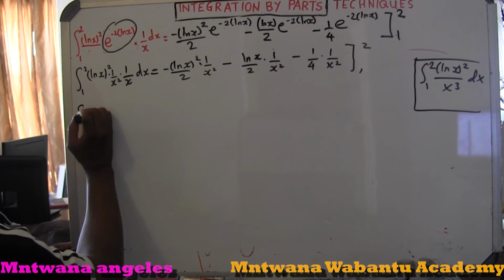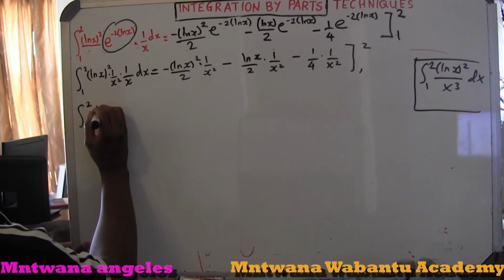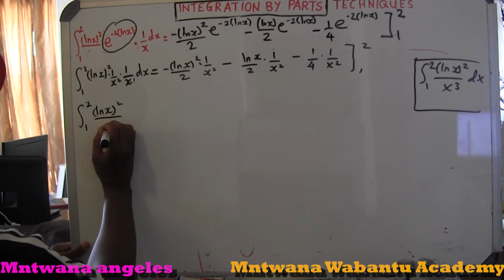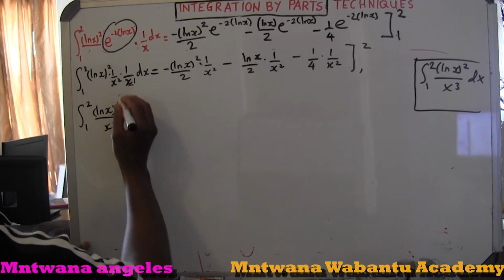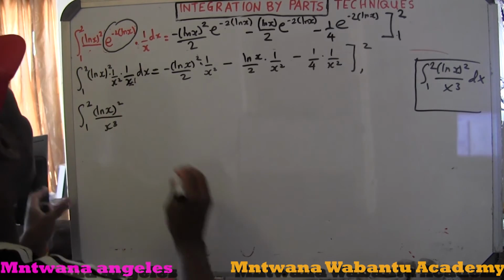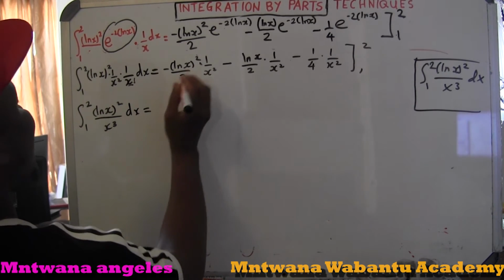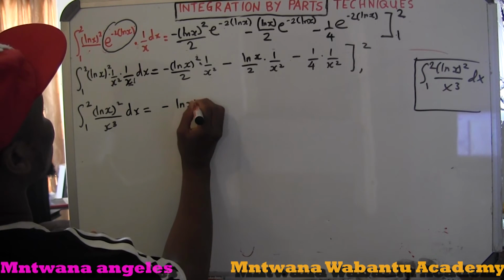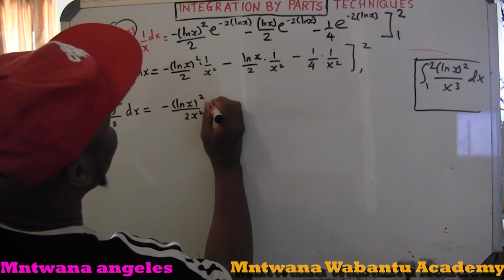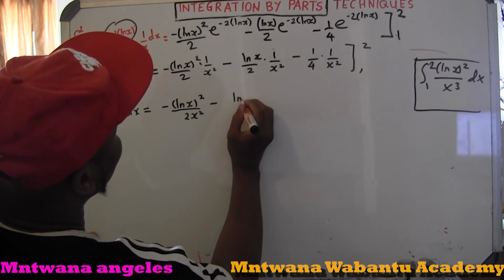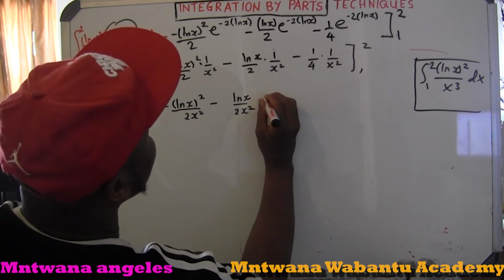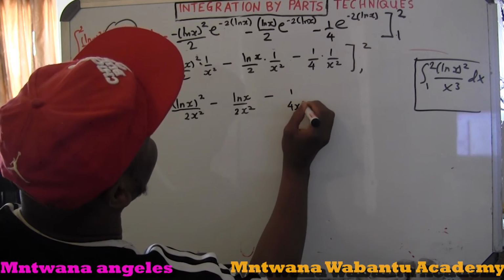So this is going to be the integral from 1 to 2 of ln of x times x to the negative 3 dx. Now this is going to be negative ln of x over 2x squared, now minus ln of x over 2x squared, now minus 1 over 4x squared.